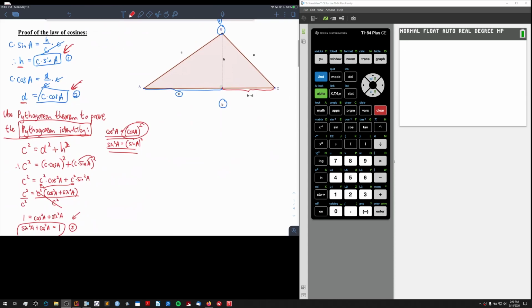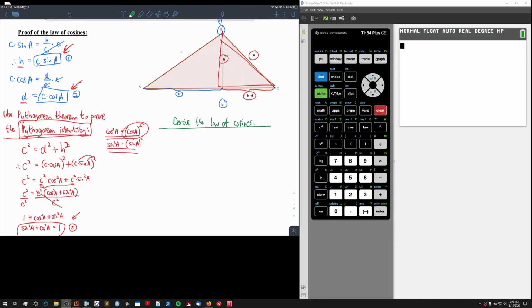Can I write something in terms of a squared? So I have the Pythagorean theorem that says a squared equals h squared plus (b minus d) squared. Okay? For this little right triangle, that's the Pythagorean theorem. So I'm going to write that. Let me switch to yet another color here. Let's derive the law of cosines.